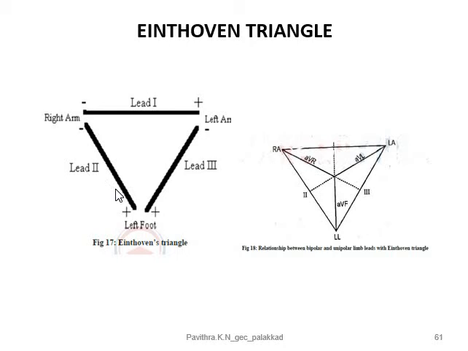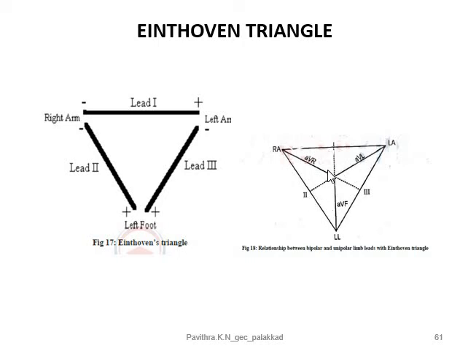Okay, similarly in lead 3 the left foot is connected to positive and left arm is connected to negative. So in all the 3 cases, that is lead 1, lead 2, and lead 3, the right leg is the ground reference. Okay, so it is not mentioned here, but all other electrodes and leads are mentioned here. So this is the Einthoven triangle for bipolar leads.